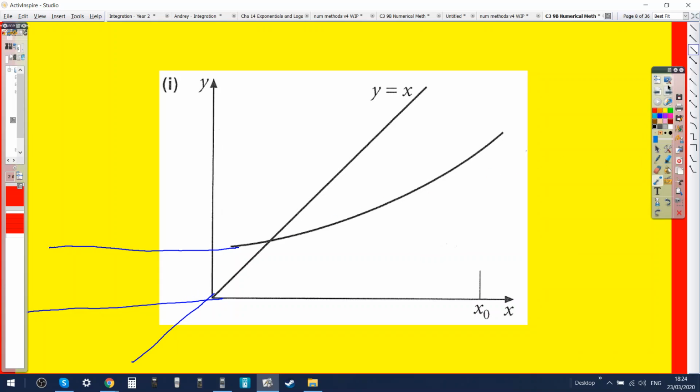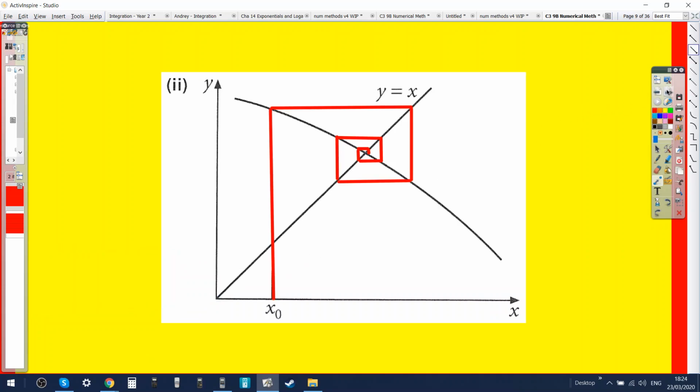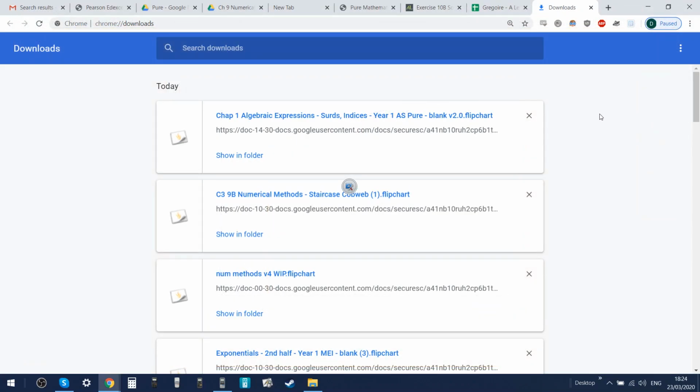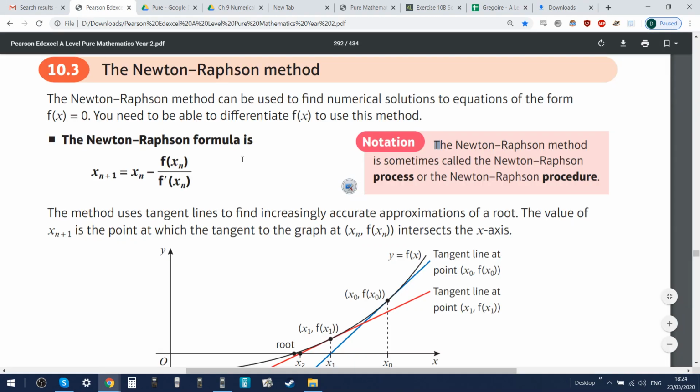I have an exam question for it. Let's just try this one before we do the exam question. No, it's not a very good diagram. I probably just need to go straight to the exam question.